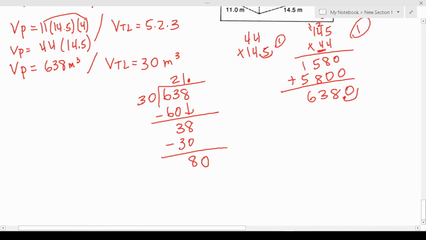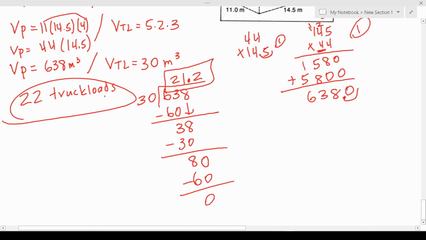Now the question is, how many times does 30 go into 80 without going over? That's going to be 2 times. 30 times 2 is 60. And at this point, I'm going to stop. To answer this question, it's going to take about 21.2 truckloads. But since you really can't take just half or 0.2 of a truckload, it's going to be 22 truckloads. Okay, so that's the answer to that one.